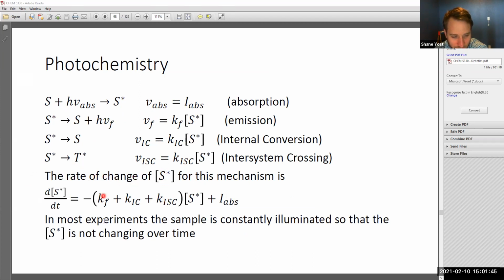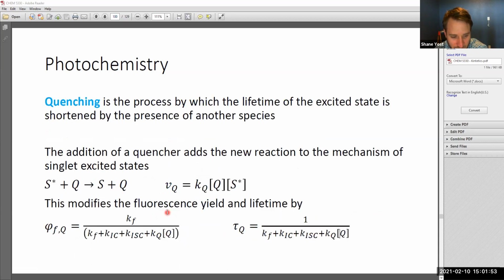That just adds an extra term, where I still have Kf plus KIC plus KISC, but now I get this KQ times Q as an extra term dealing with the quenching, which will decrease the quantum yield of, say, your fluorescence, and will also decrease your lifetime. The lifetime is then just the inverse of the sum of all these rate constants, and includes the concentration of your quencher times KQ.